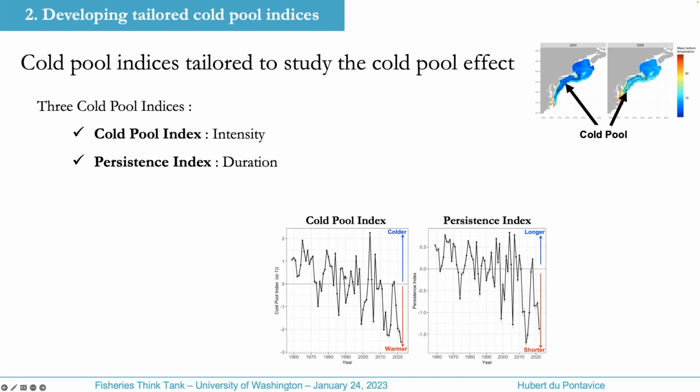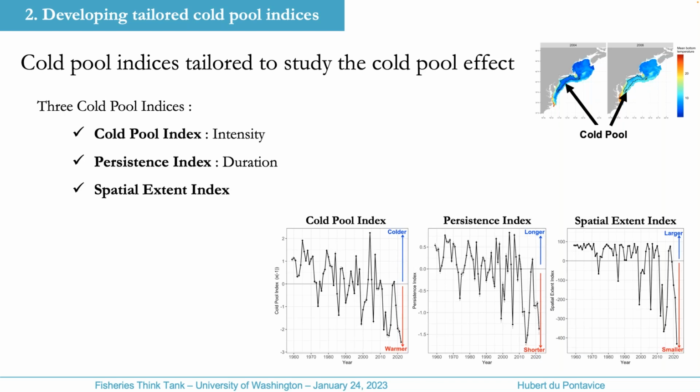So the cold pool can last a few weeks some years, but it can also last 3 to 4 months other years. And finally, we developed a spatial extent index to test the hypothesis that yellowtail flounder recruitment is dependent on the amount of cold pool habitat.